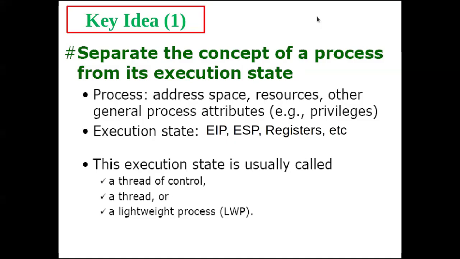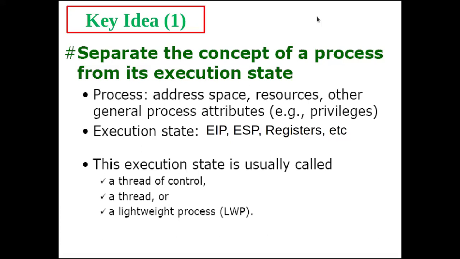Now, what are the two different parts? What is process and what is execution state? Let us revise it for a while. When we say process, what do we actually mean? As we stated, a process includes the address space, the memory assigned to the process, which includes code and data.